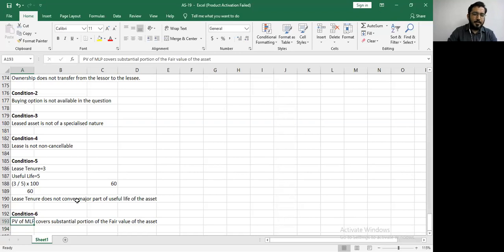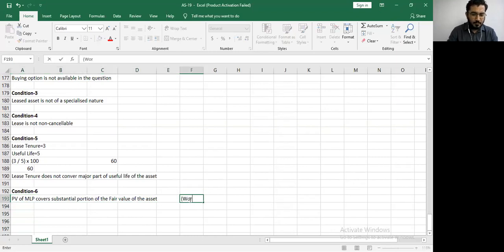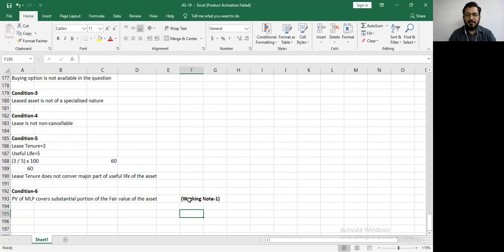Okay, tell me, what is your fair value of the asset in the question? Your fair value of the asset in the question is 10 lakhs. Okay. Now, do you know the lease rent agreed in the question? You do not know the lease rent agreed in the question. So we need to find the lease rent agreed in the question.